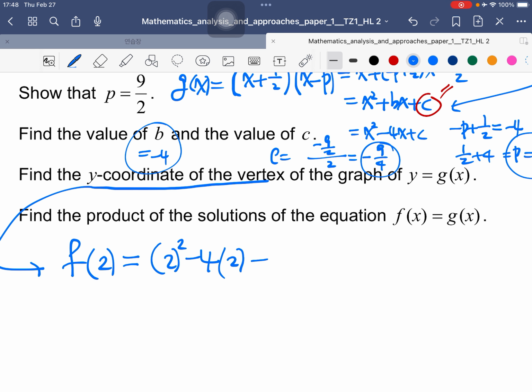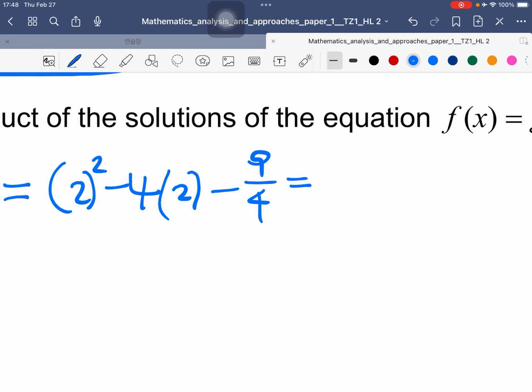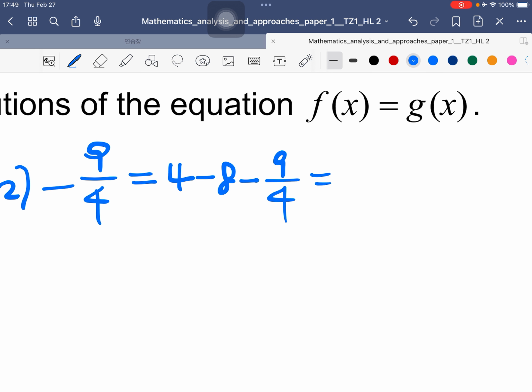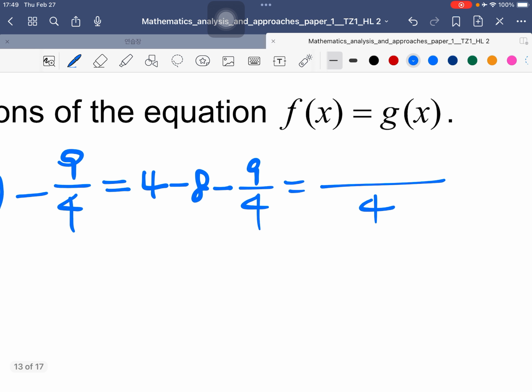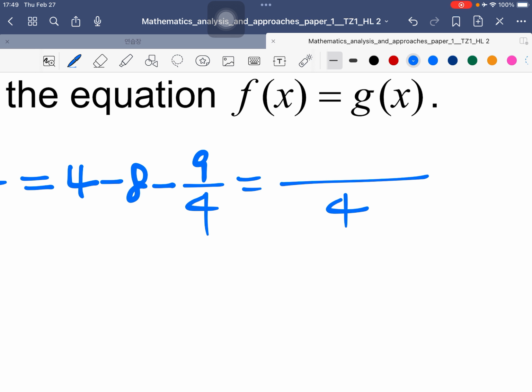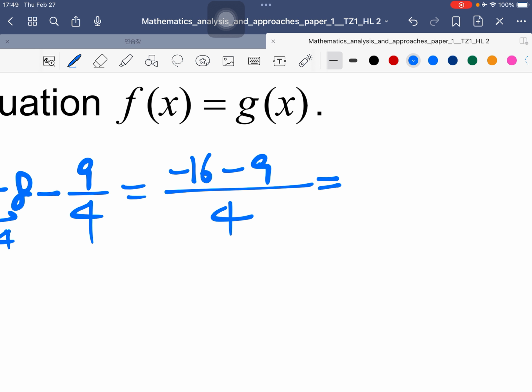C was negative 9 over 4. This value is the answer. So 4 minus 8 minus 9 over 4, with 4 as a denominator. This is negative 4, so it's negative 16 over 4, negative 9. So this one becomes negative 25 over 4.